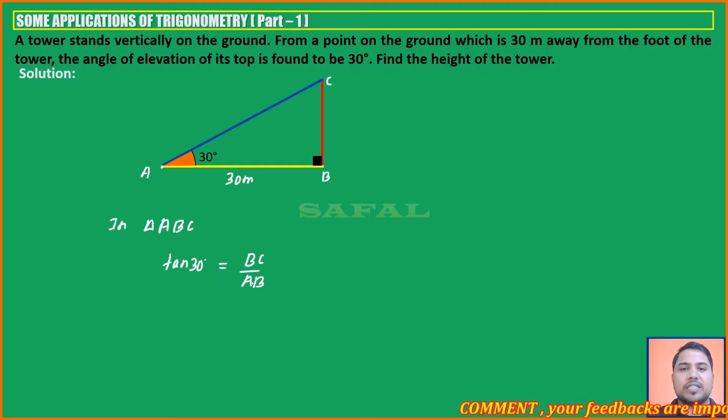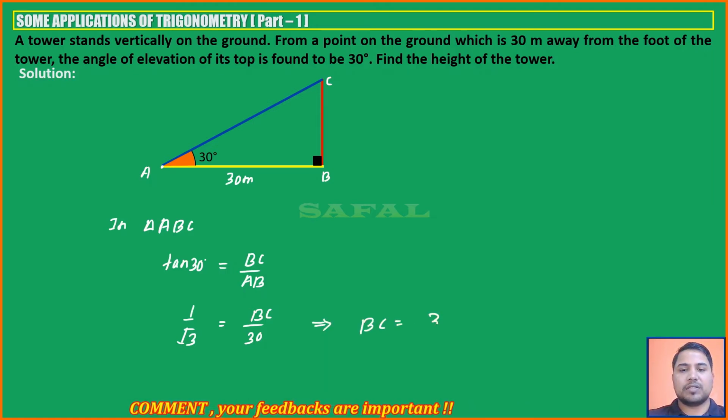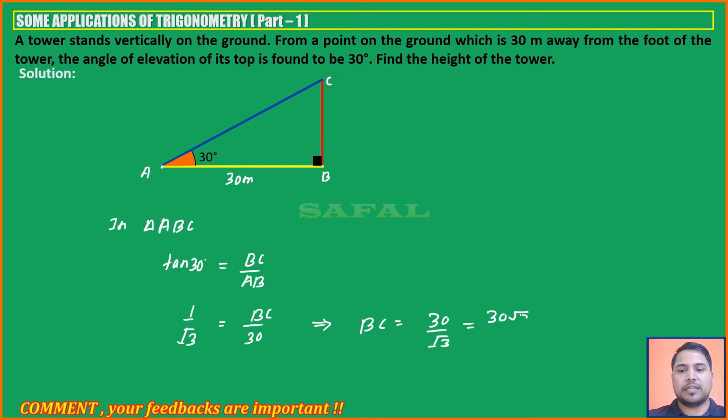Now tan 30 degrees we have studied. Tan 30 is 1 by root 3. So 1 by root 3 equals BC by AB. AB is 30. So on cross multiplication, BC I'll get as 30 by root 3, which can be written as 30 root 3 by 3 or 10 root 3.